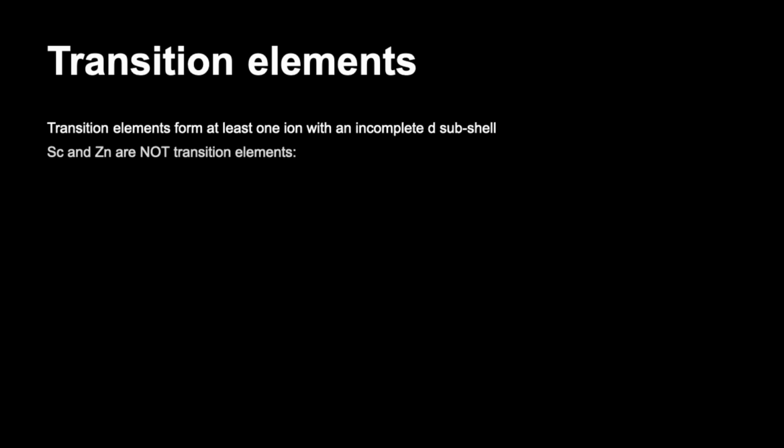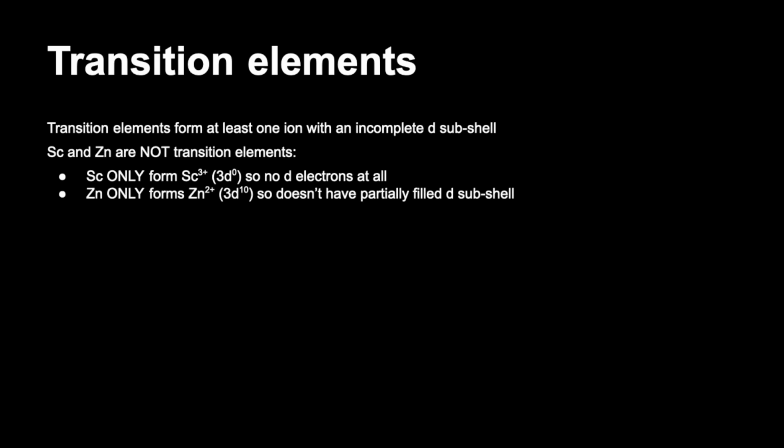And I thought we'd never get here, but we're on the last topic now, transition elements. A transition element forms at least one ion with an incomplete d subshell. Scandium and zinc are not transition elements, because scandium only forms the Sc3+ ion, so it doesn't have any d electrons at all.